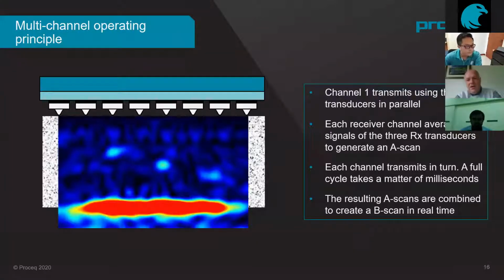And the Proceq instrument is still the only instrument worldwide that actually does this, to have this real-time image. It allows you to have a quick look around without having to record or save any data.